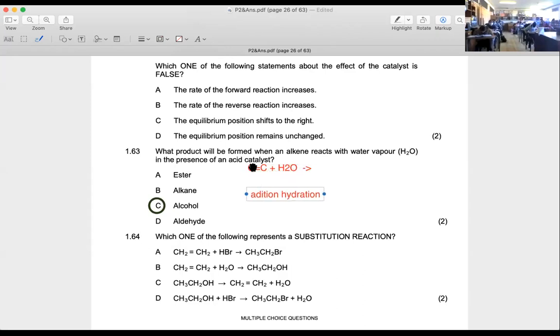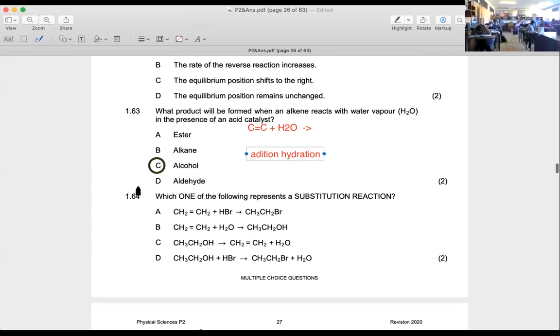How do we know it's addition? Because we go from double bond to single bond, and there's the alcohol that is going to be formed. In this case, it would be ethanol. And it's addition because we're adding water. Hydration, that's the type of addition when you add water. And what's formed? The OH is on one of the carbons.